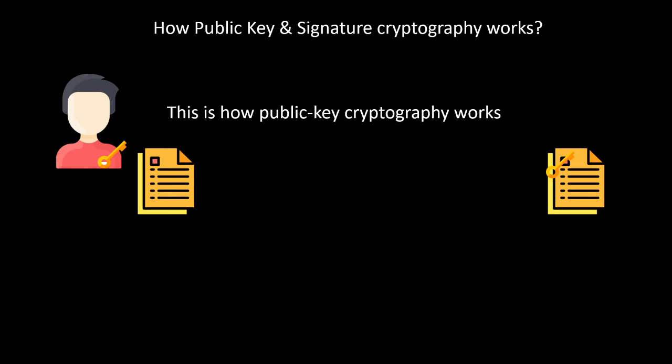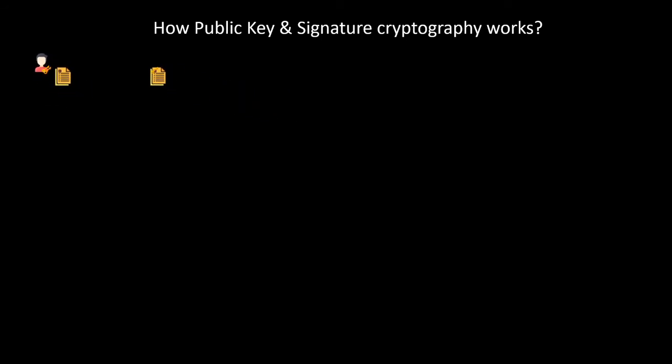Now let's understand the signature part. Anyone who has a public key can verify who has sent a message. This means on the internet, if anyone receives a message with a public key, they can check who had sent it and whether it is authenticated. Let's understand this with an example.